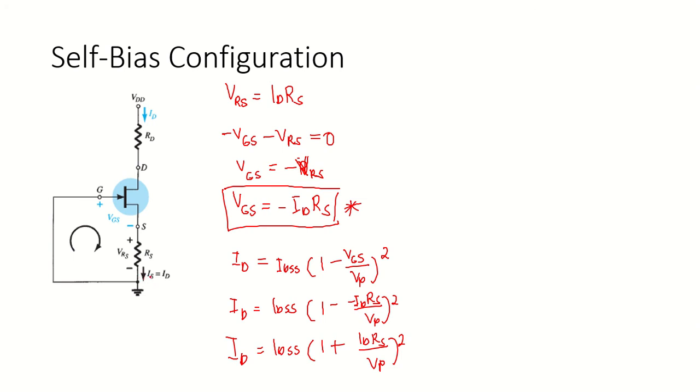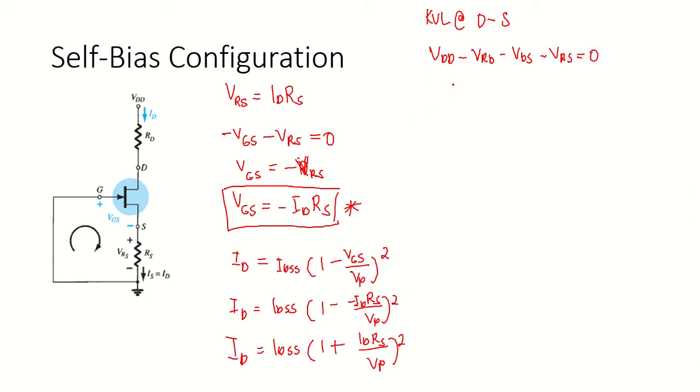Also, to solve for the other parameters, taking a look at the drain to source direction here, we have VDD minus VRD minus VDS minus VRS equals 0.